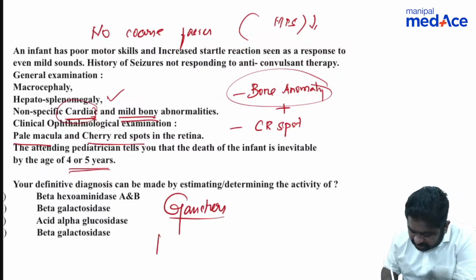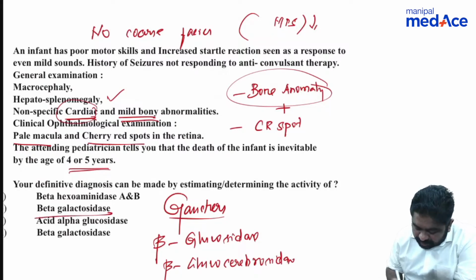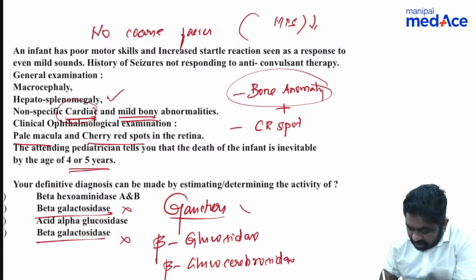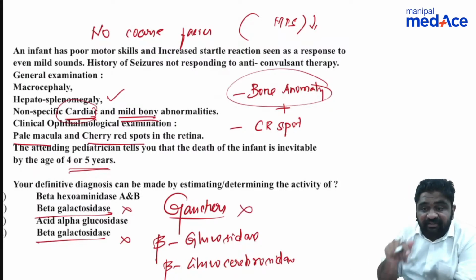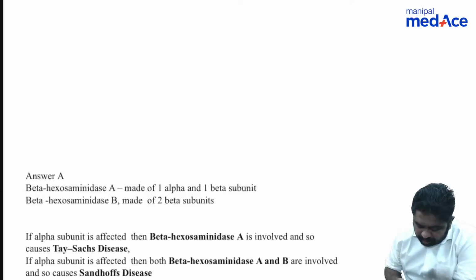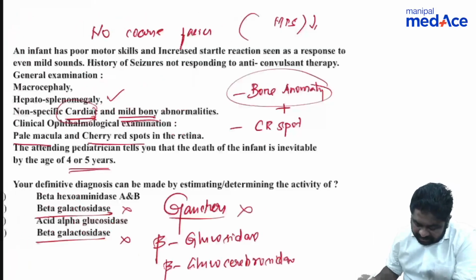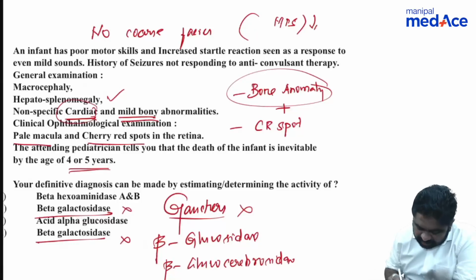If it was Gaucher's, you should look at beta glucosidase or beta glucocerebrosidase. I have intentionally given only beta galactosidase in both the conditions, so it cannot be Gaucher's disease because of elimination from the option. Now look at this part. Now the answer is beta hexosaminidase A or A and B, which can be Tay-Sachs disease. The answer here, I'll just mark it here.